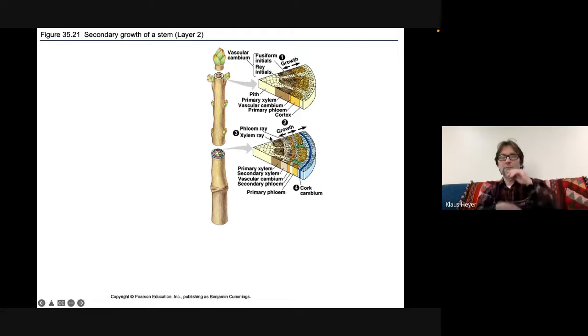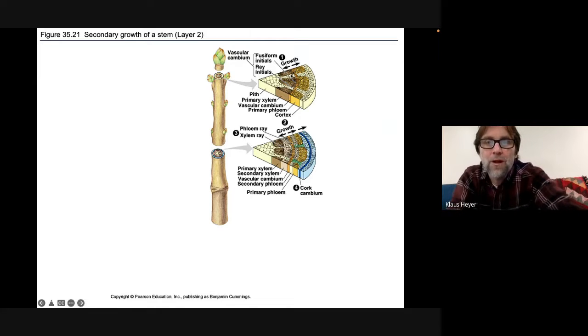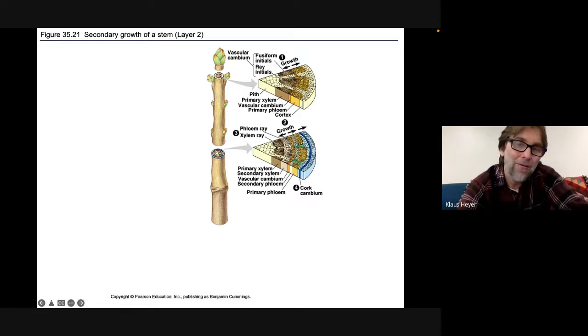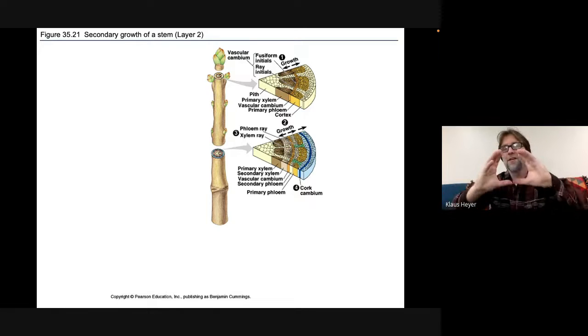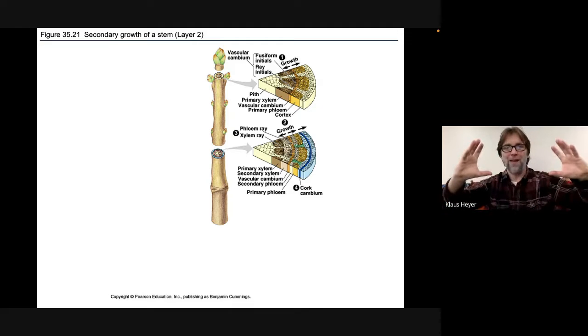You can see it on the next one. So this is year 1, and then this is year 2. See that brown? That used to be here. But when the new xylem got made, this older xylem got pushed in a little bit. It's not that it pushes it in, right? Because it's going to grow out like this.